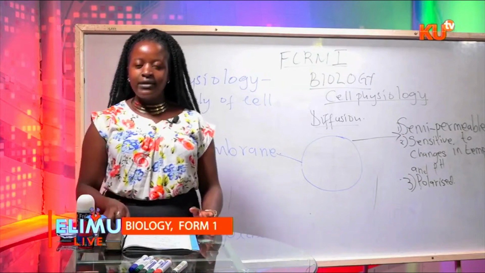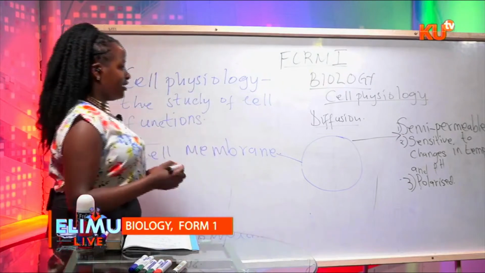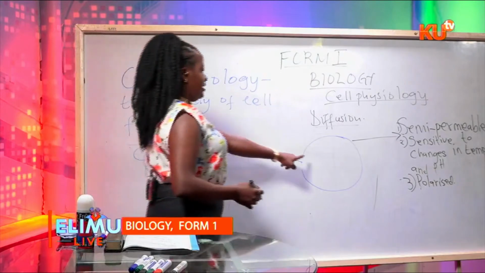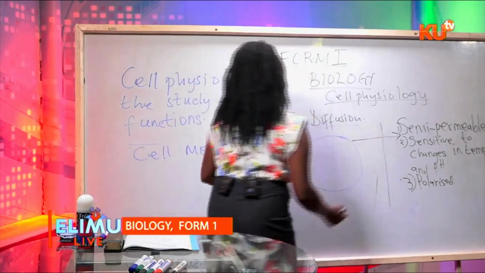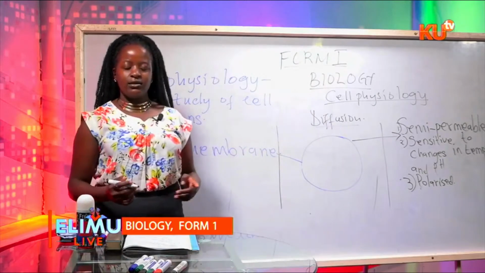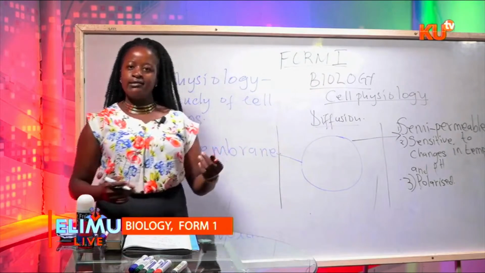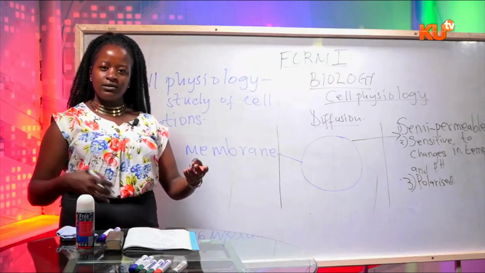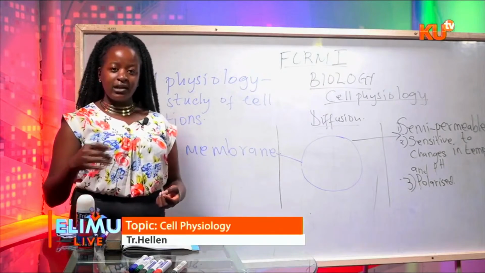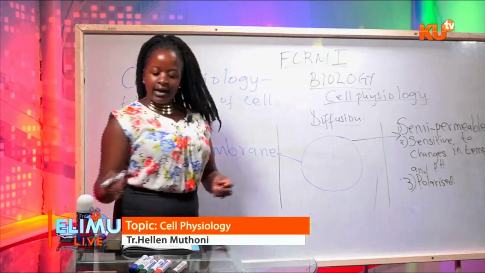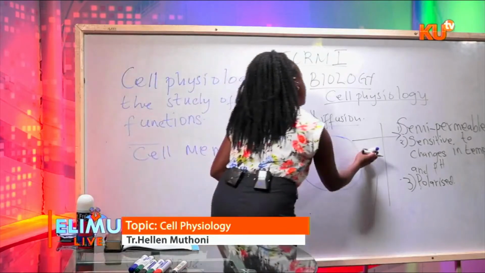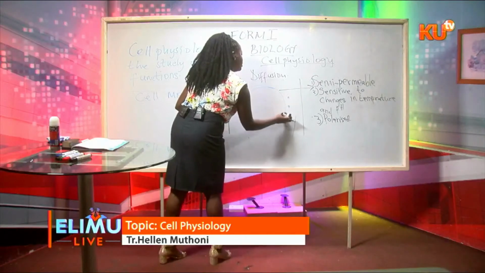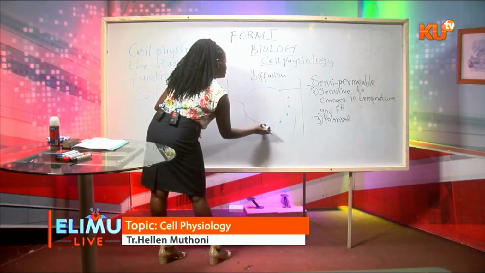I will demonstrate this. If a cell, for example, this is our cell, is placed in a solution that contains sugar, which has dissolved, and water, that is a sugar solution, you'll see that the water molecules are going to surround this cell.